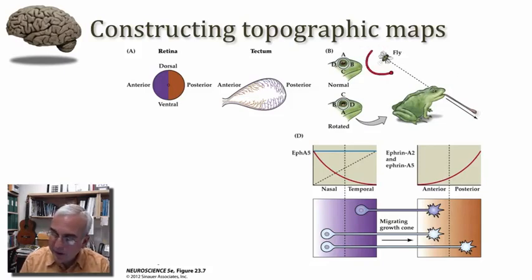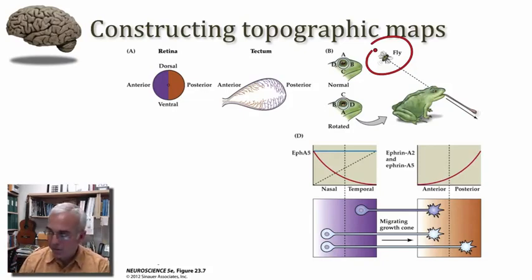So in this case, we imagine that the fly is out in the temporal part of the visual field, which ought to be seen with a normal eye by the nasal part of the retina. The problem is that the eye has been rotated. So now what should be the temporal part of the visual field is being seen by the temporal part of the retina following rotation.